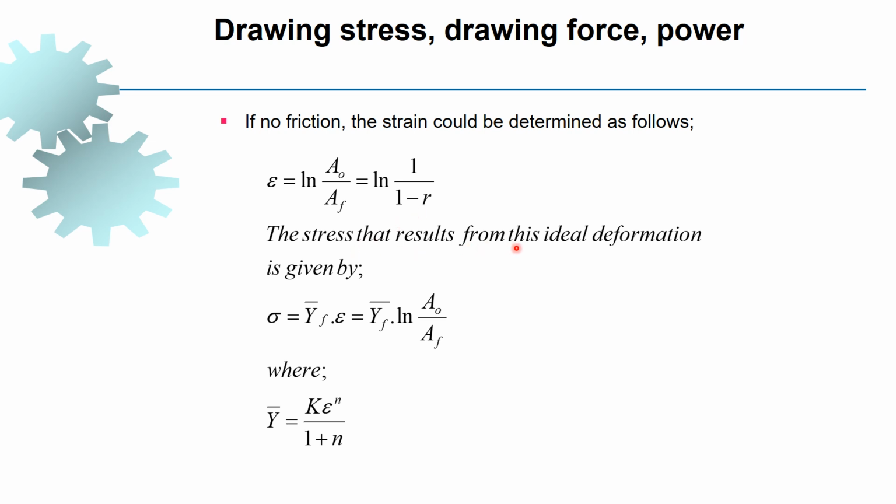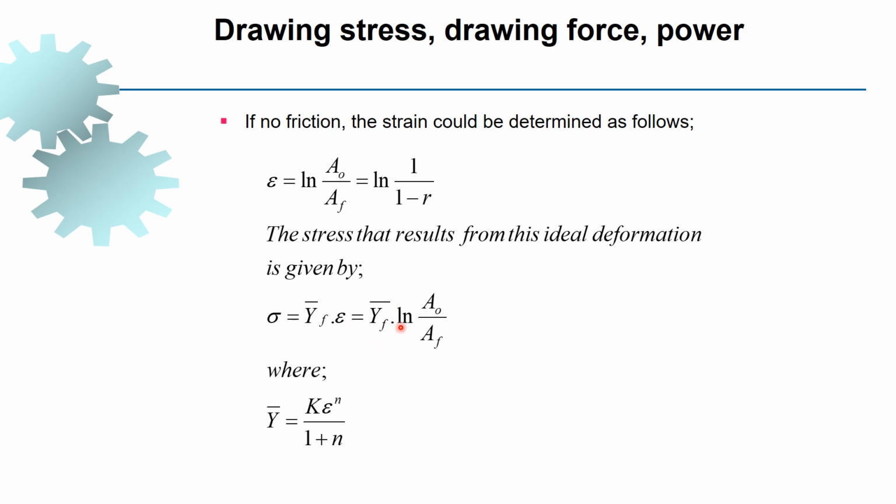The stress that results from this ideal deformation, as I explained, is the strain without any friction. We don't consider any friction between the material and the die. In that case the ideal strain can be calculated as log A0 over AF. Stress can be calculated as flow stress times strain.